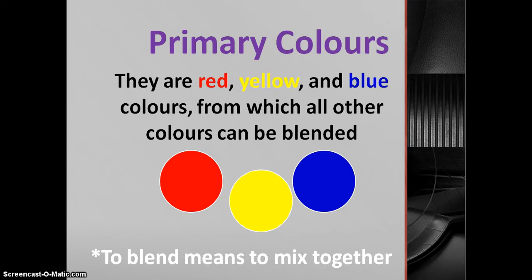You cannot get them by mixing other colors, except from nature, either from leaves or from clay or from the earth, or from chemicals. Always remember that primary colors are called primary colors because no other color can be mixed to get them.